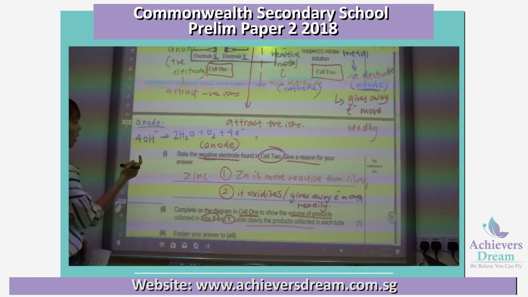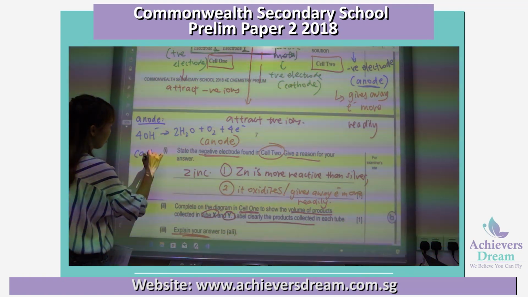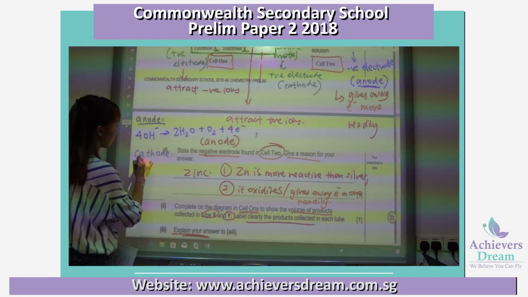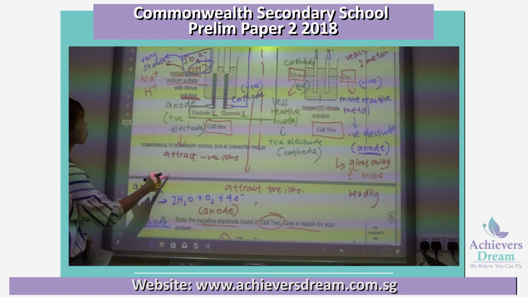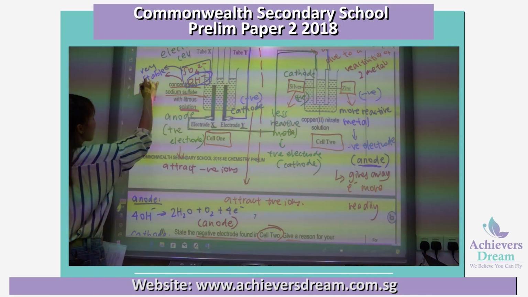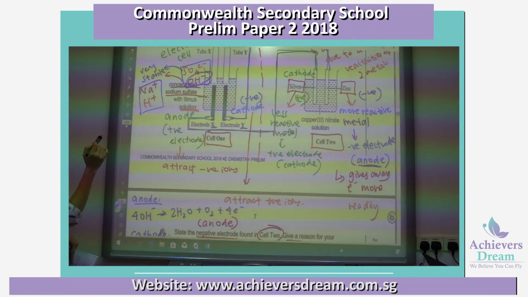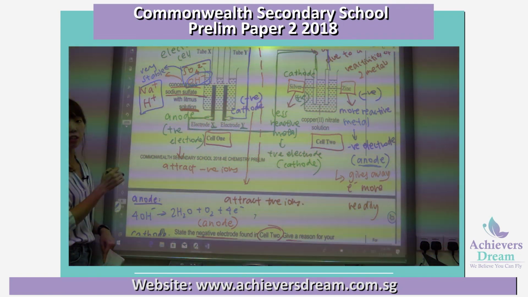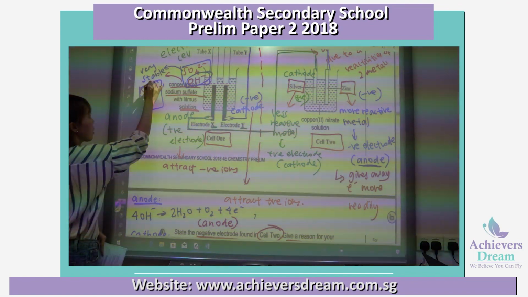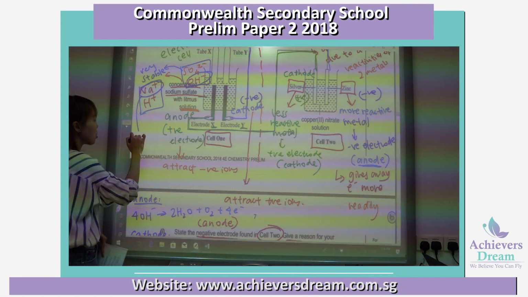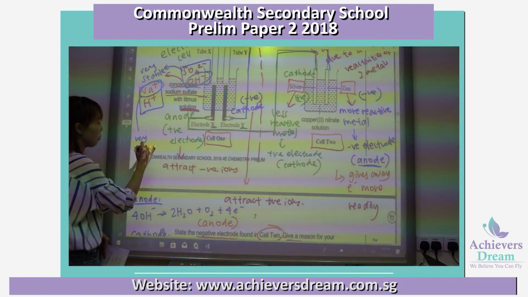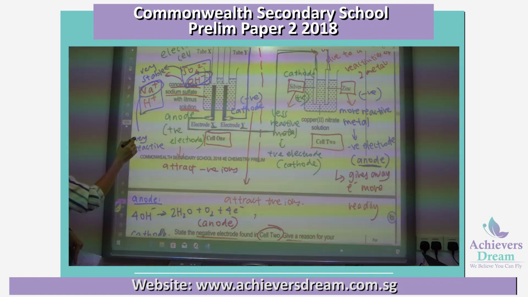Then now look at the cathode. Your cathode will attract your positive ions. So again, we zoom into Na plus and H plus. Again, which ion will be preferentially discharged? It will not be your Na plus because it is a group 1 metal which is very reactive and very stable. So it will not be discharged.